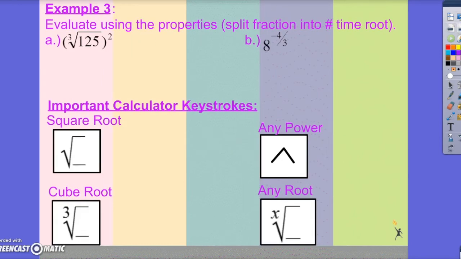Now, example 3 says evaluate using the properties. All right, we're going to actually solve just like we did a slide or 2 slides ago where we solved 16 to the 3/4. We're going to take a look at solving these using our properties. Usually I like to change it to the fraction root.